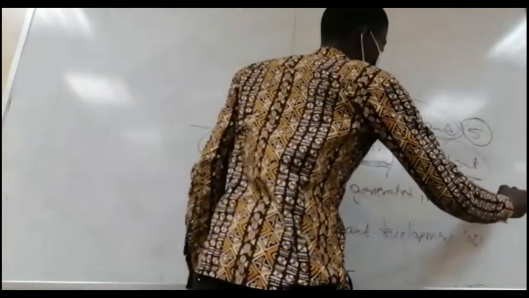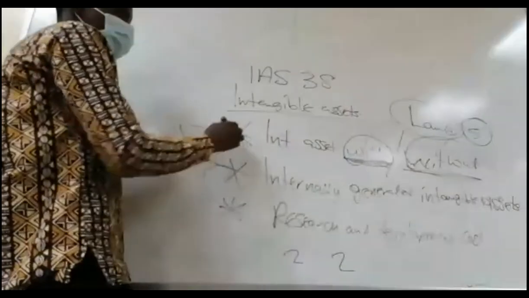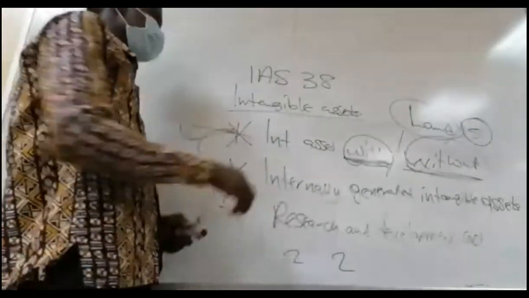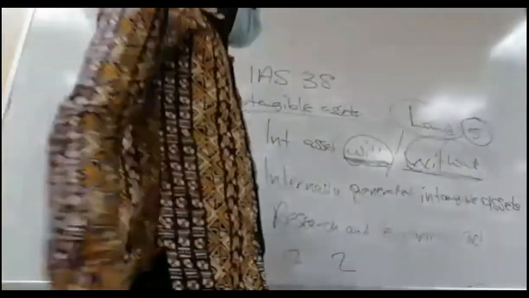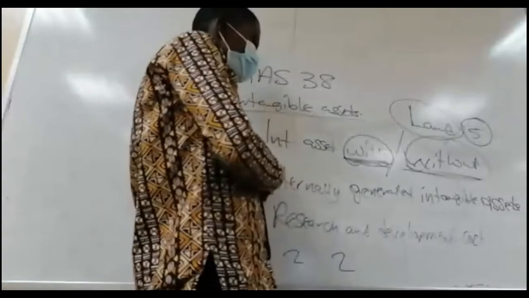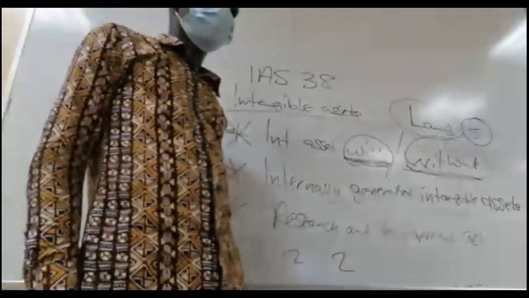That's where we reach. So let's take note. We've looked at how we treat intangible assets with definite life and without definite life. Now we are looking at internally generated intangible assets. How do you treat them?